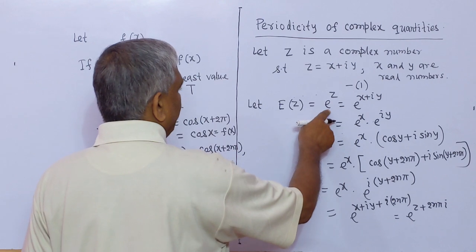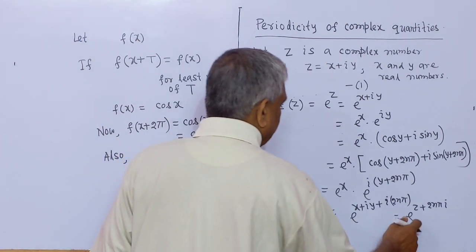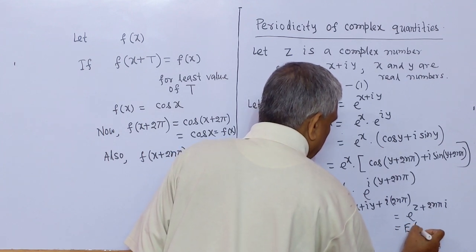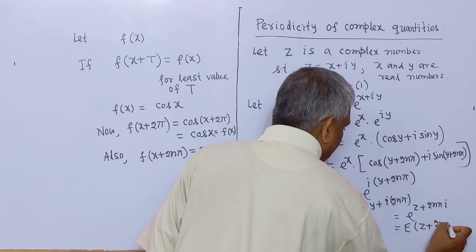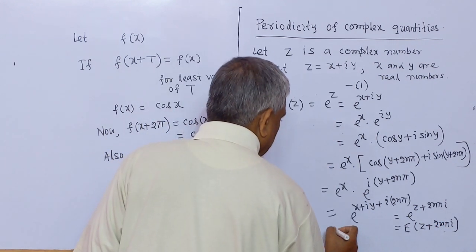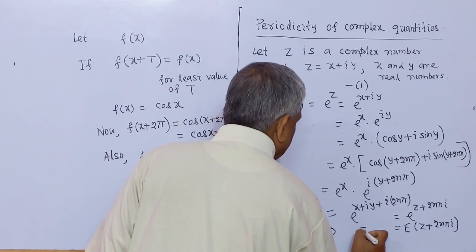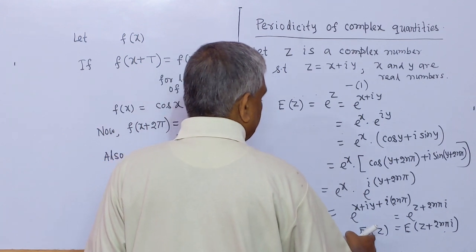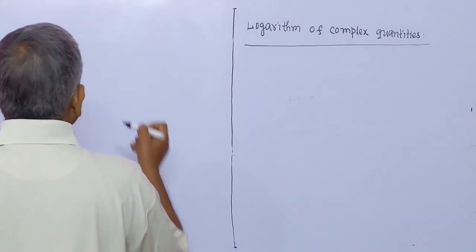Here e to the power z is E(z), then this will be written as E(z plus 2n pi i). Here E(z) equals E(z plus 2n pi i).